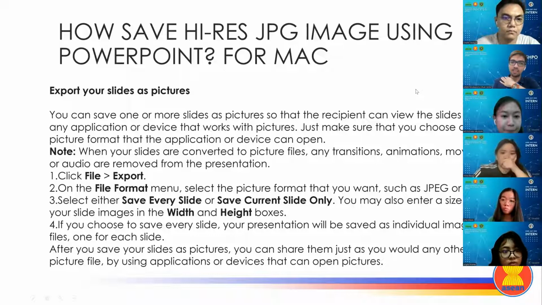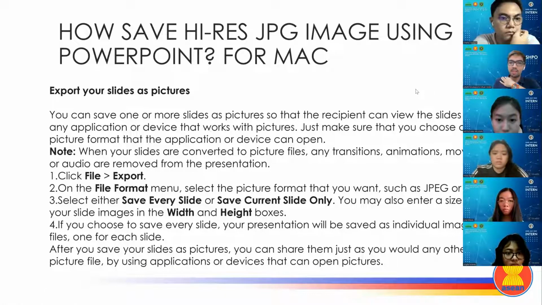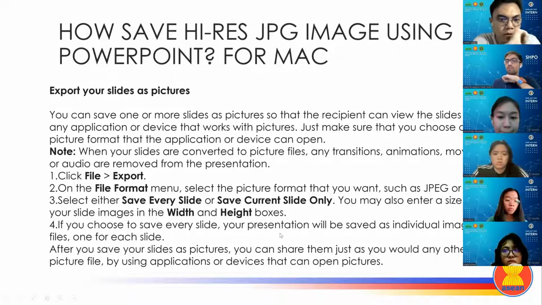For Mac users, every time you export data from PowerPoint, file format menu, select the picture format that you want, such as JPEG. Then select either save every slide or save current slide only. You may also enter size for your slide images in the width and height boxes. So manually enter the resolution for Mac users.